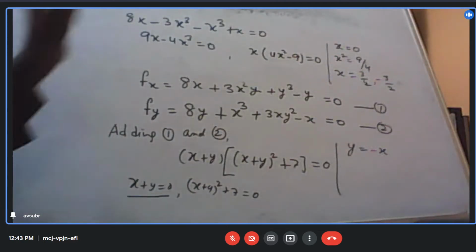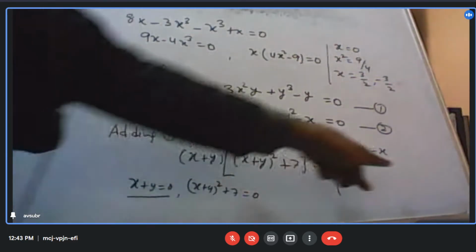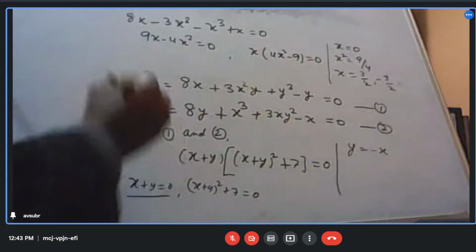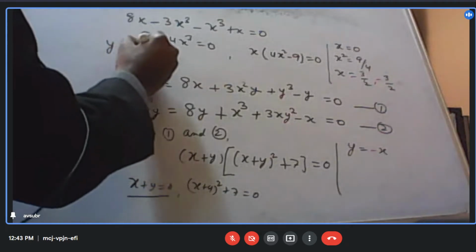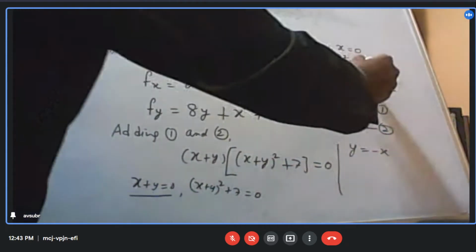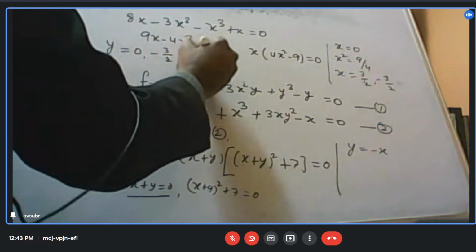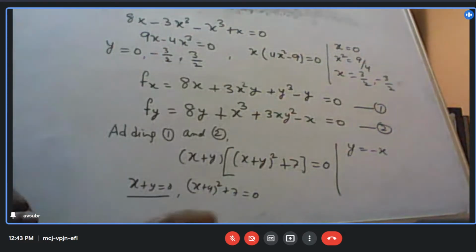So we have obtained the x values, and because y is equal to minus x, we can put it over here. We will get y equal to 0. If I put 3 by 2, it will be minus 3 by 2, and if I put minus 3 by 2, it will be 3 by 2.